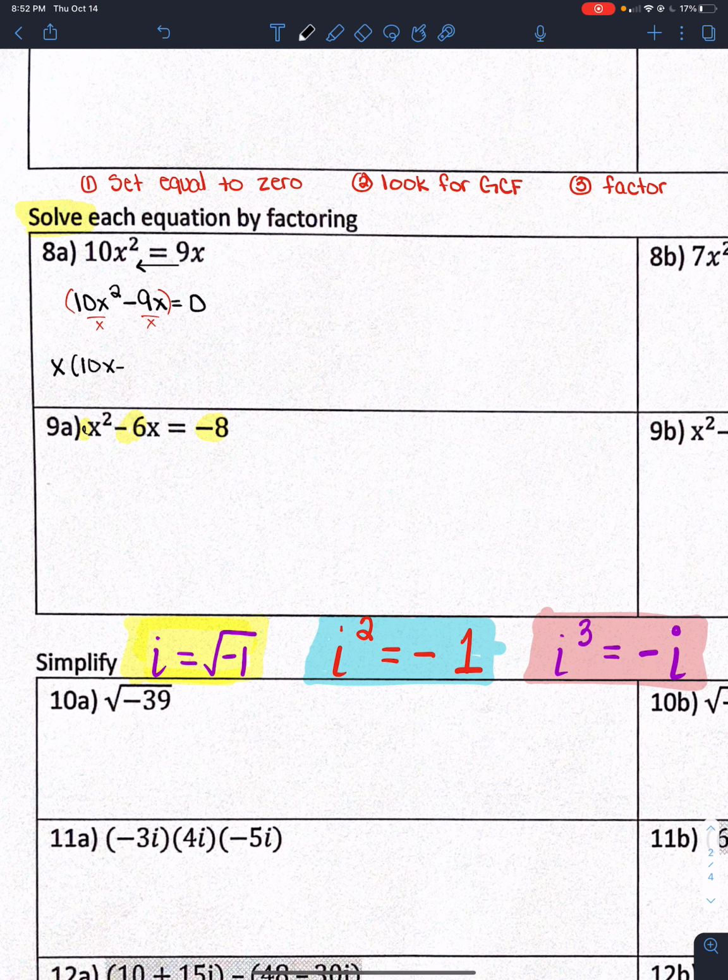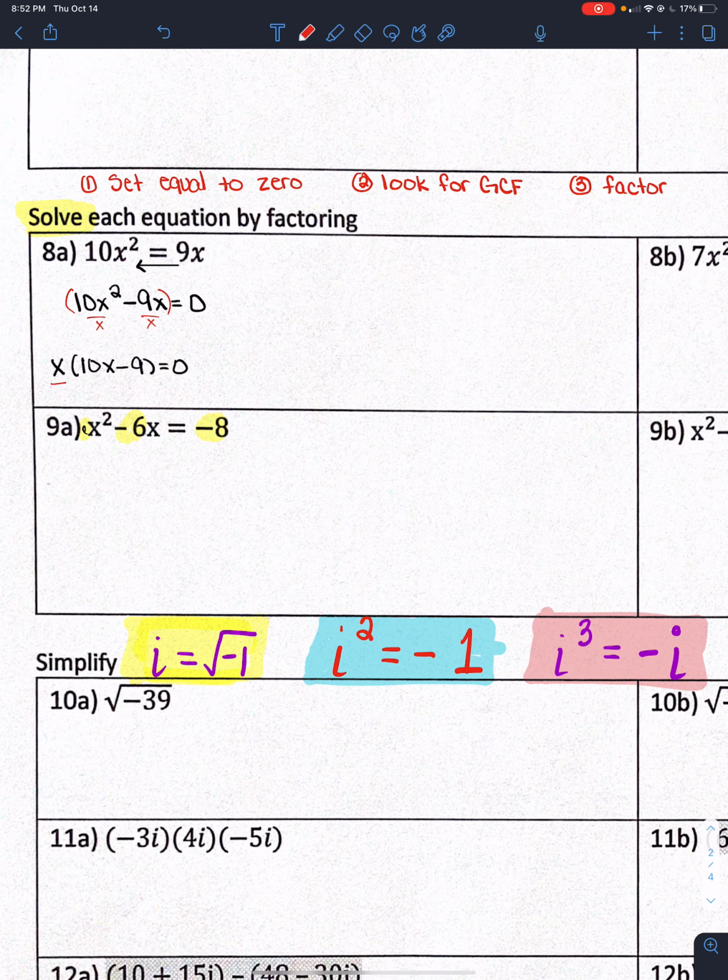Negative 9x divided by x is negative 9 equals 0. Okay, so I set it equal to 0. I looked for a GCF, and now it says factor. Well, if you notice, when you took out that GCF, it's already factored because there's nothing that we can do to break that apart anymore. Okay, so these are the factors.